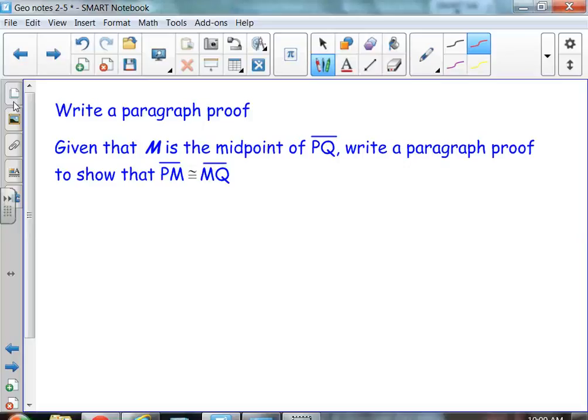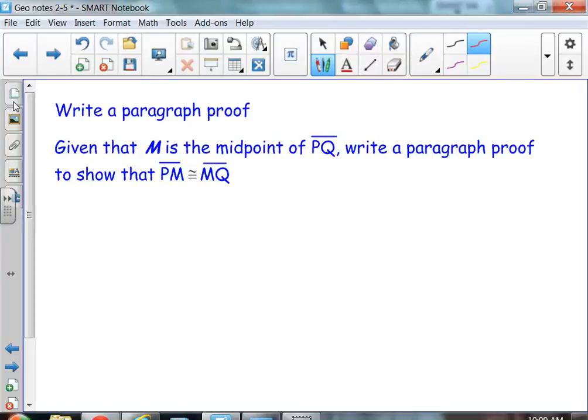What are we trying to prove? We're given M as the midpoint of PQ. They want us to prove that PM is congruent to MQ. How do we prove that something's congruent? What does it have to be before we know it's congruent? It has to be equal.